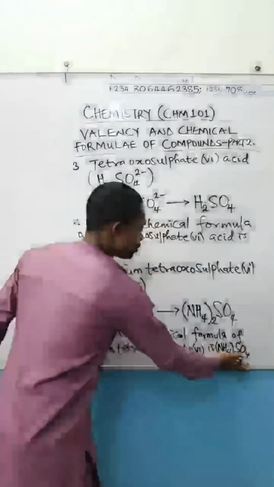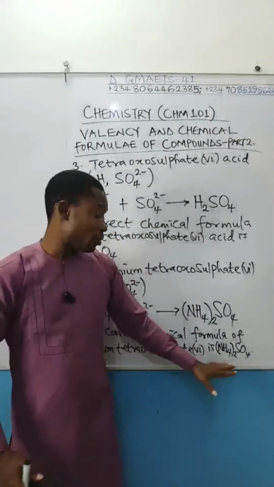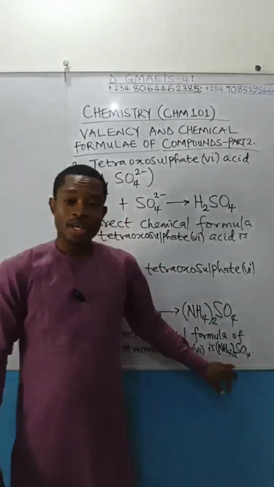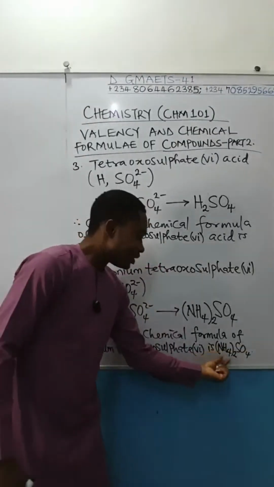Any other thing apart from this is wrong in terms of the correct chemical formula of ammonium tetraoxosulphate 6. Any other thing apart from this is wrong in terms of the atomicity.